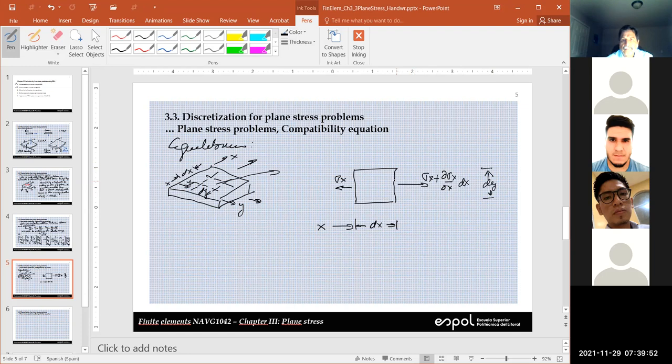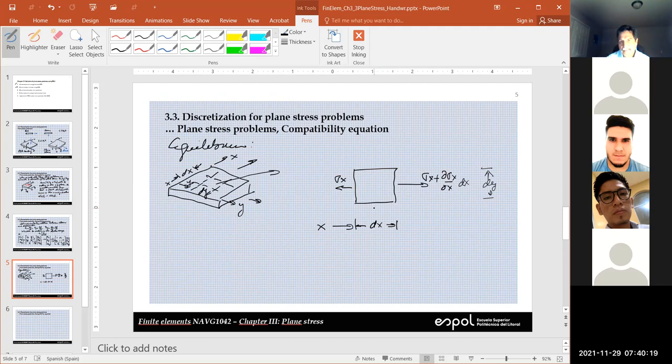In general, if we take this stress multiplied by dy and the thickness, that will give us the force because of this stress. Similarly in the other direction. We're going to do this only in the X direction, and we will assume that a similar expression will be deduced in the y direction.